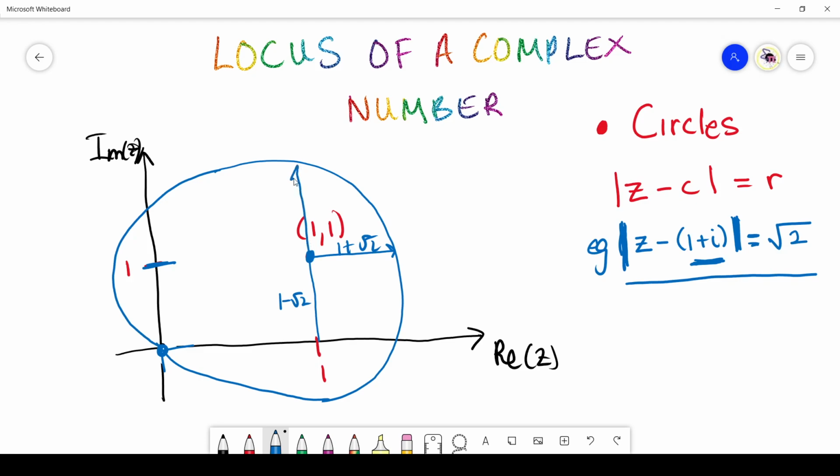This value up here should be 1 plus root 2. And similarly, from here to here, this should be 1 subtract root 2. So when you're drawing your circle, you want to make sure it hits certain values on your sketch for accuracy purposes.